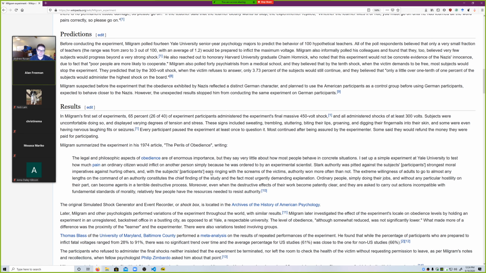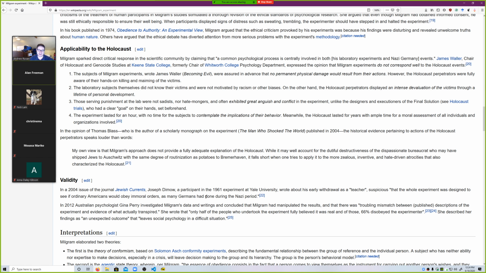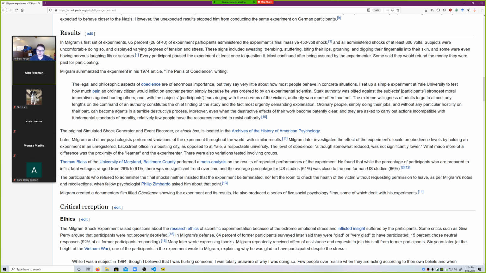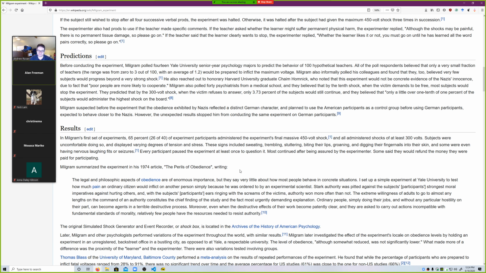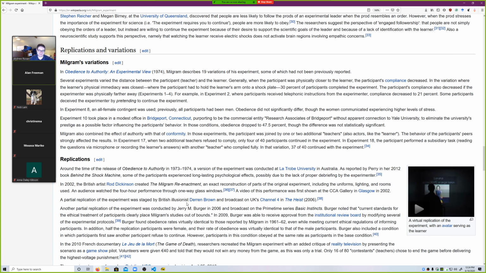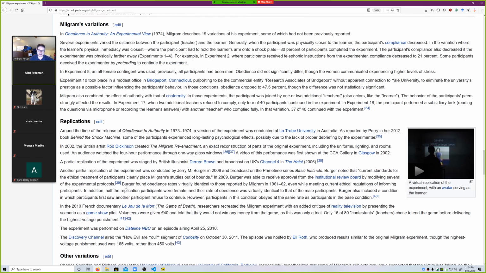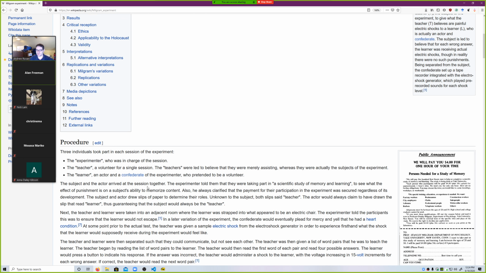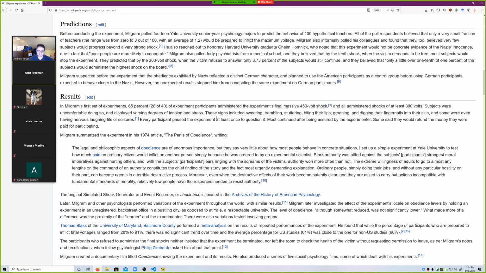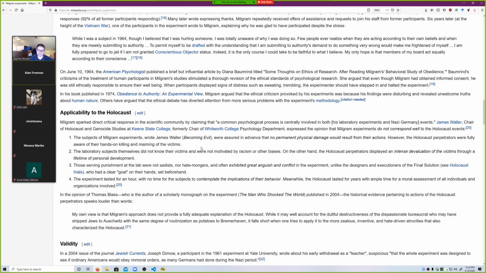But honestly, this has been redone, and people would basically follow the directions because they respect authority. There have been replications and variations of it, because it's not necessarily the best: small sample size, drawn from a specific group, not a very diverse group.